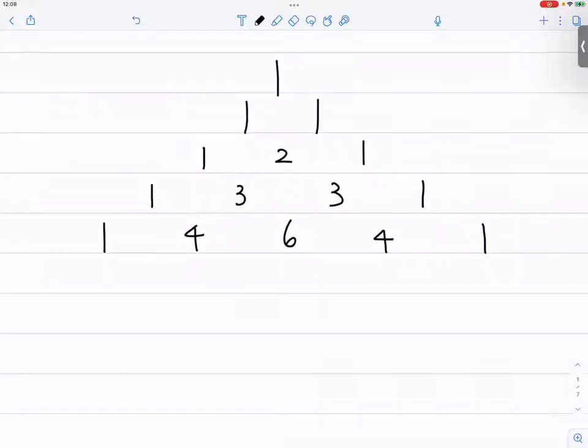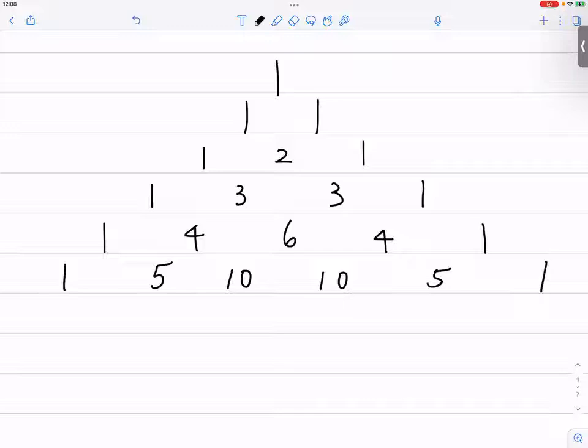The following row would be 1, and then 5, and then 10, and then 10, and then 5, and then 1.